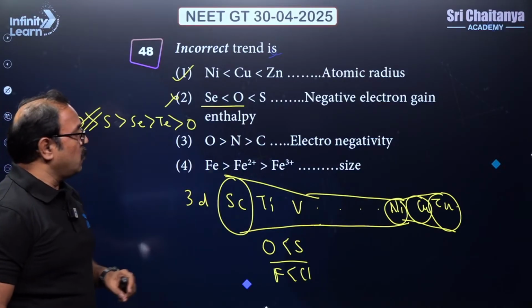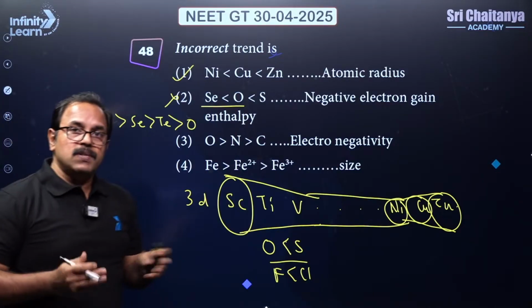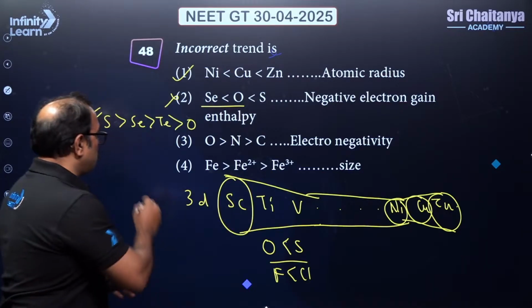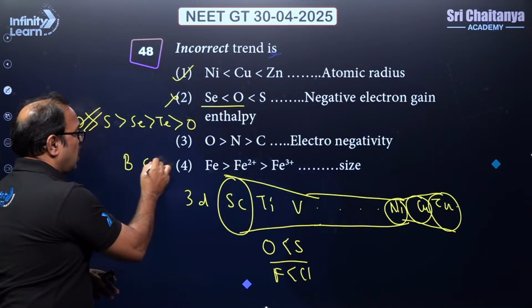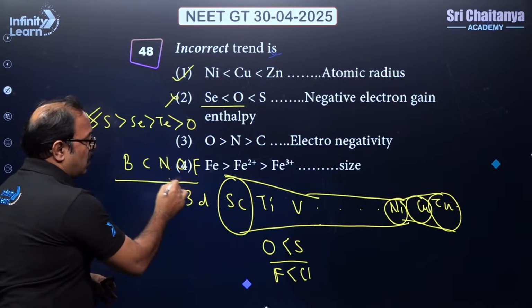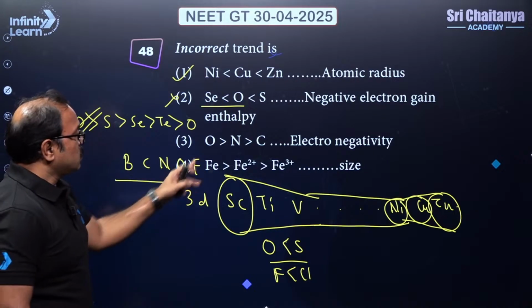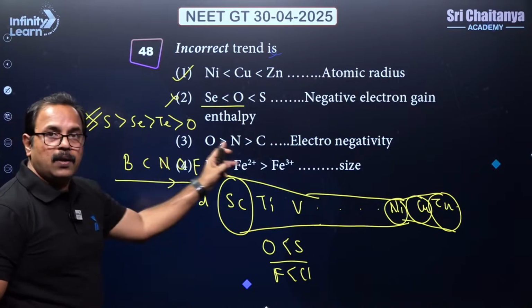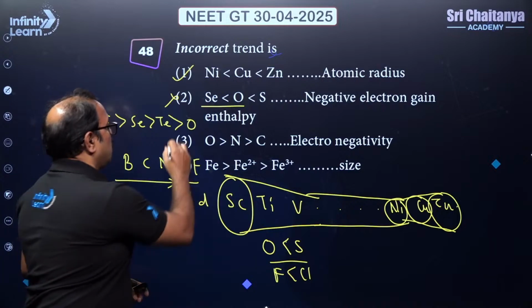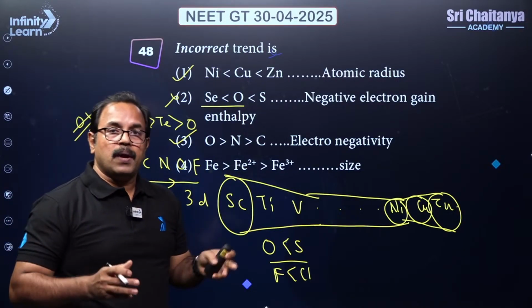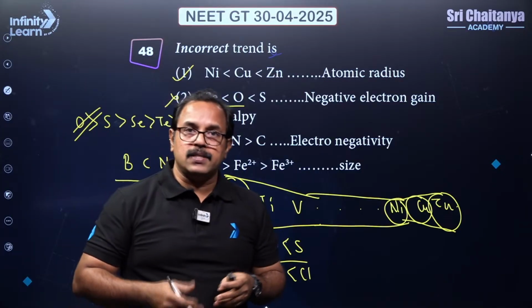Coming to electronegativity. Electronegativity always tends to increase across the period. If you see boron, carbon, nitrogen, oxygen, fluorine, across the period electronegativity increases. Here he has given, in decreasing order, oxygen higher than nitrogen higher than carbon. So this is a correct statement. And the size of an atom will always be higher than its cation.